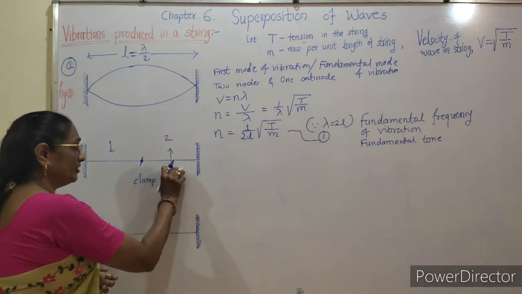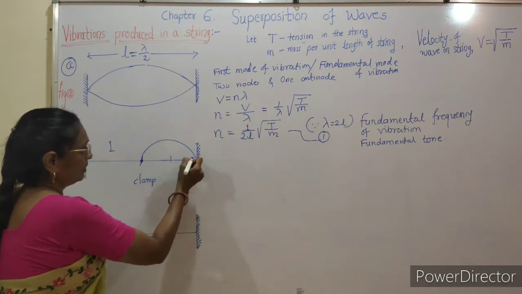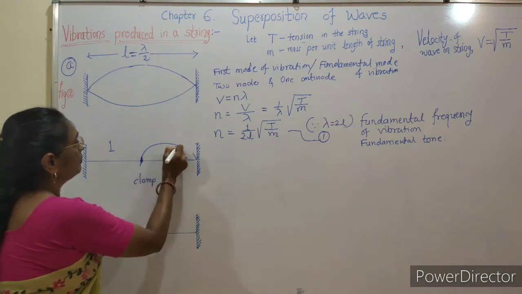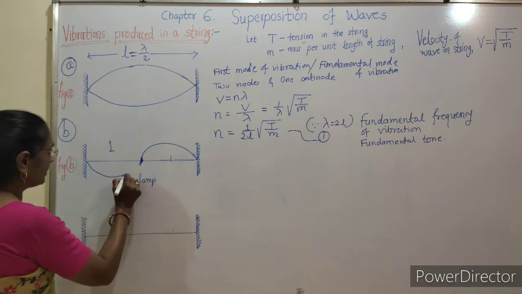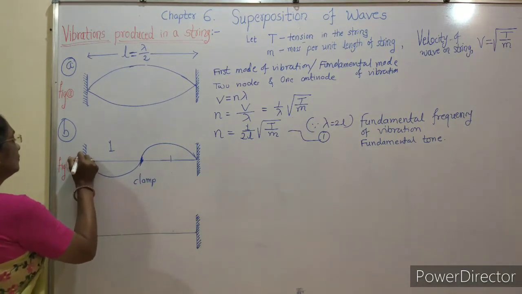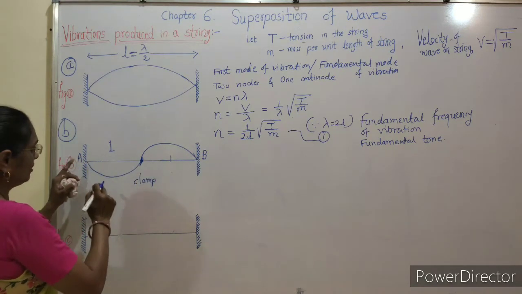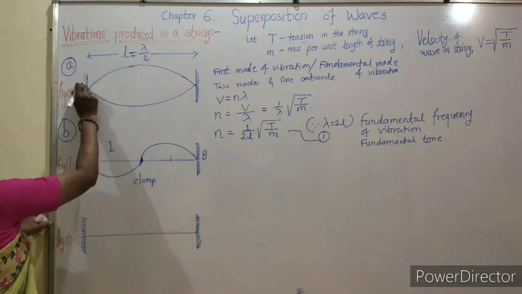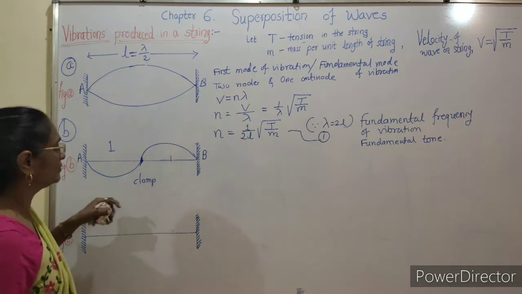Then a wave is formed, which is the incident wave. It travels in both directions. We can give the points as usual. This is point A, the left point is A, the right fixed end is B. In the first figure also we give the points like this.